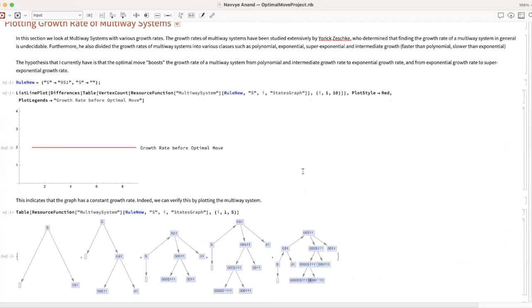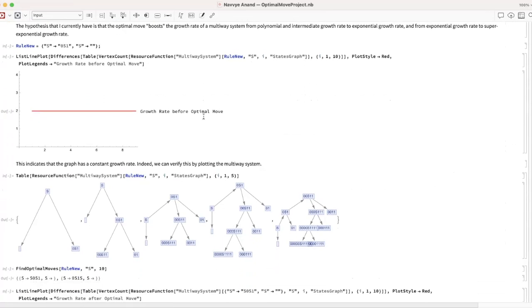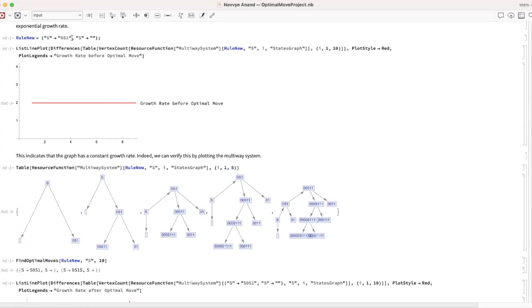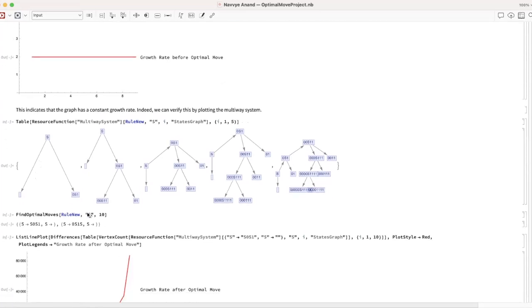And so the hypothesis that I currently have is that the optimal move boosts the growth rate of a multi-way system from polynomial and intermediate growth to exponential growth rate, and from exponential growth rate to super exponential growth rate. We can sort of verify this by taking an example of this rule, which has a constant growth rate before the optimal move.